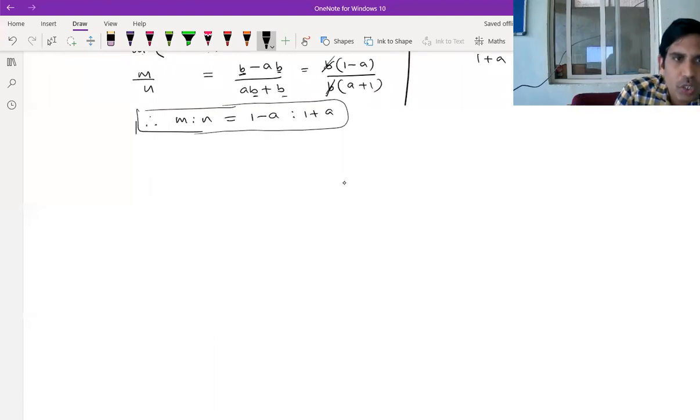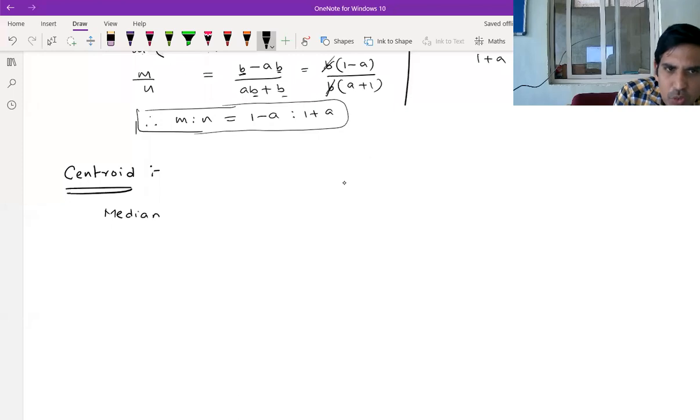Next. Today topic centroid. This one we have to know. So centroid, before that what we have to know? Nothing but median. So what is median?